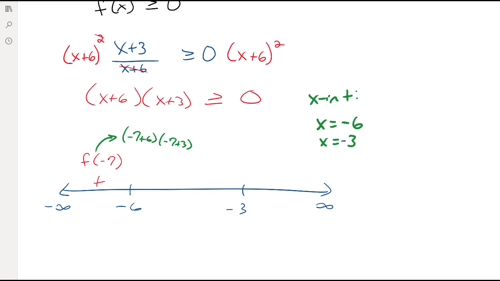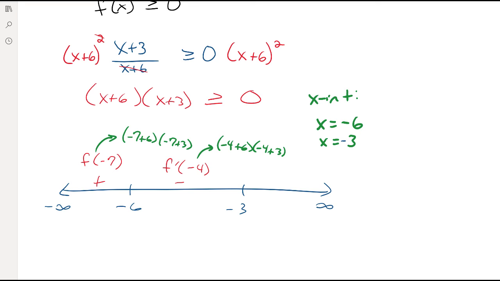Okay. What else do we have? Let's say we wanted to do f of -4. That's somewhere in this region here. Let's plug that into our factored version here. That's (-4 + 6) times (-4 + 3). Looks like we're going to have a positive times a negative, so that means we're going to end up with an overall product that is negative.